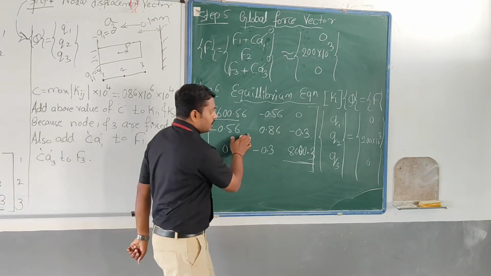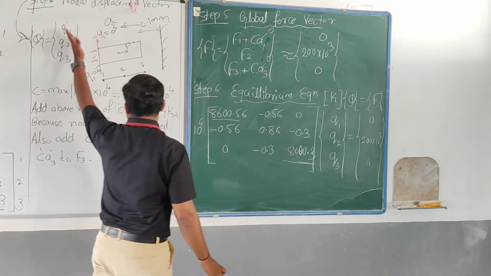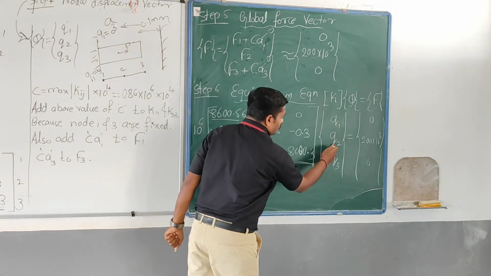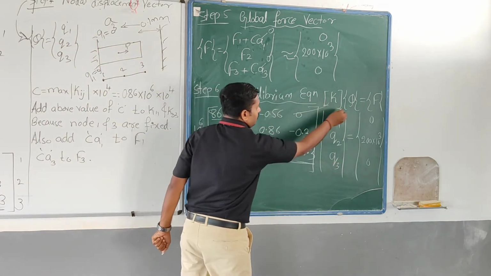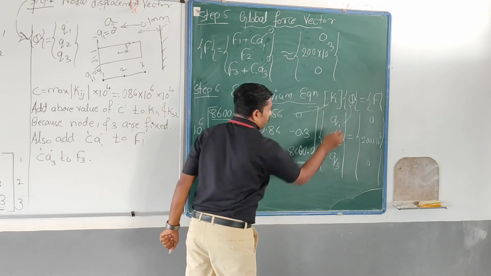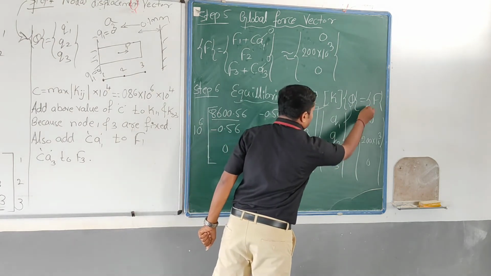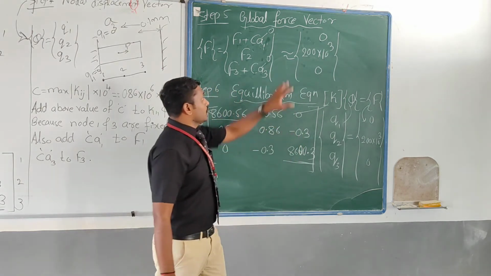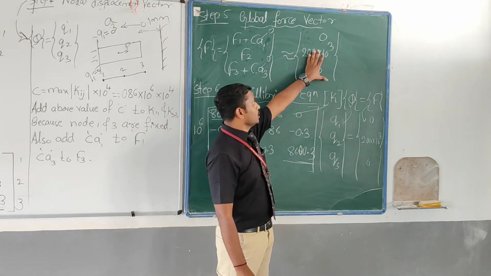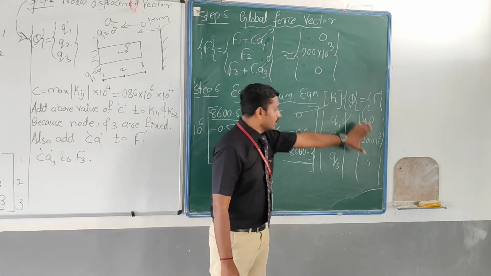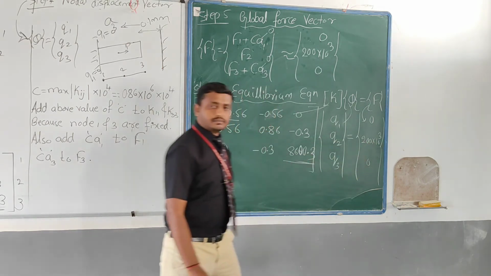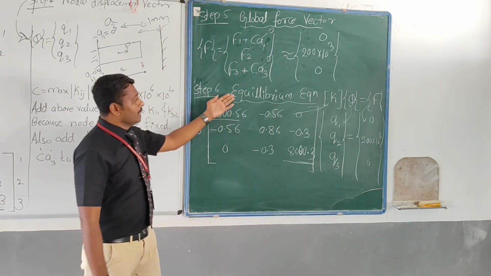We know that in step number 4, Q is nothing but Q1, Q2, Q3. So Q is here, K is here, and F is the force vector, which is 0, 200 into 10 to the power of 3, 0. I have written it here. This is the equilibrium equation.